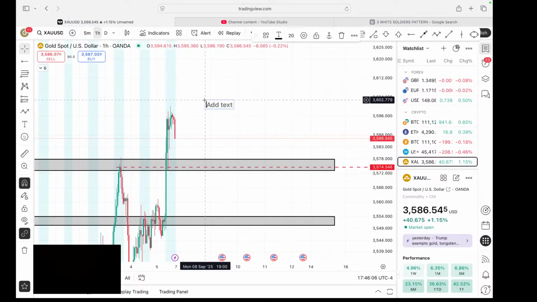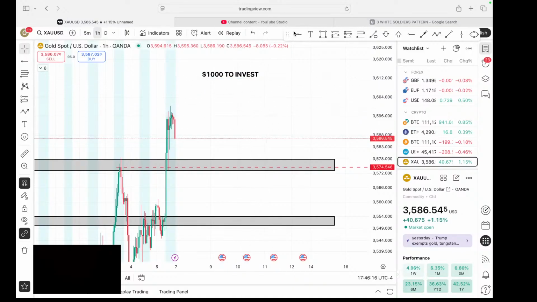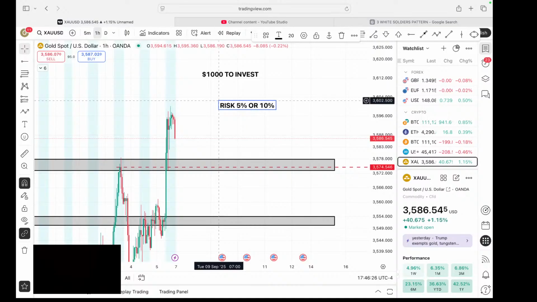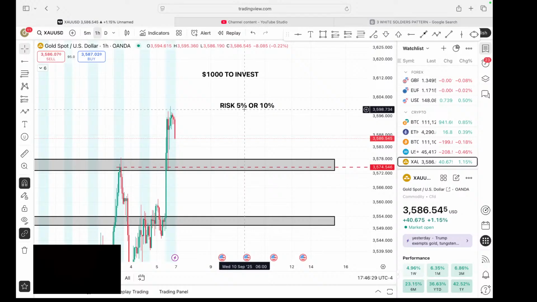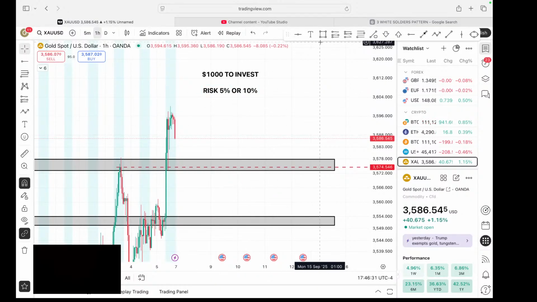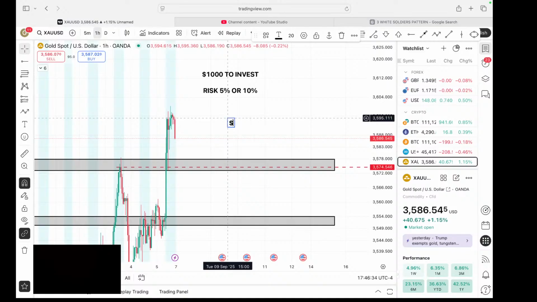If you got $1,000 to invest, you're gonna risk 5% or 10%. If you want to do the 10%, that's $100. 100 divided by 10 equals $10.